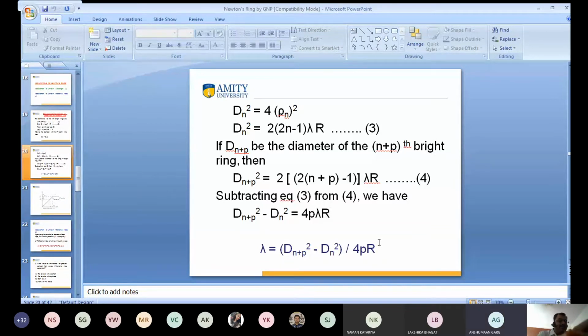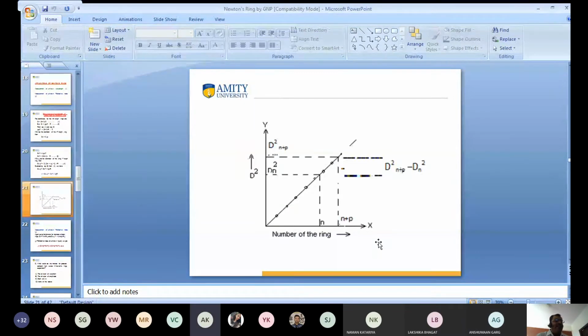So you know how to calculate this value. One way is to do it experimentally by performing your lab. The second is with the help of plotting a graph. On the x-axis we take the number of rings, and on the y-axis the square of the diameter.